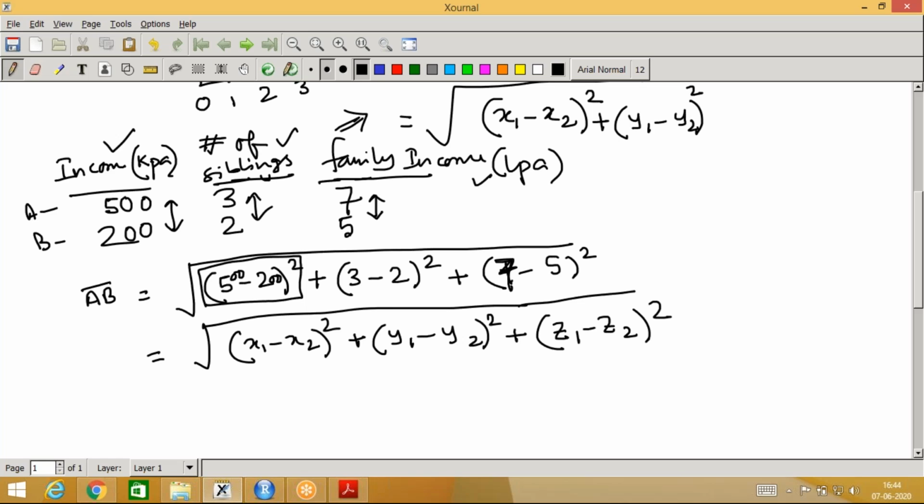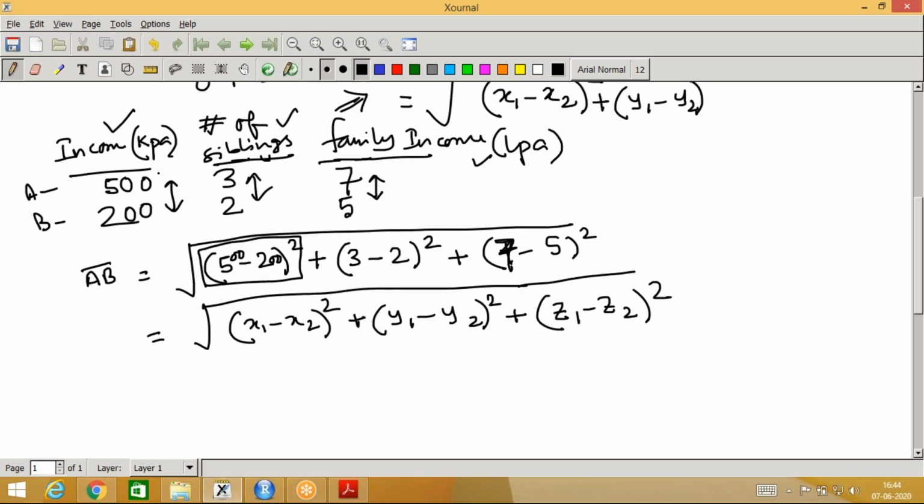Because there is a dimensionality issue, if I change the dimension the values become very high or very low. Before I do any distance calculation, I have to normalize them.